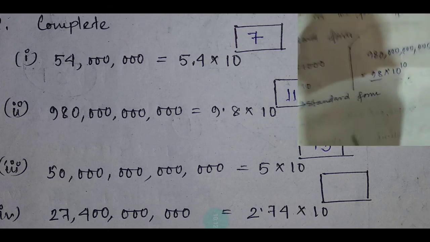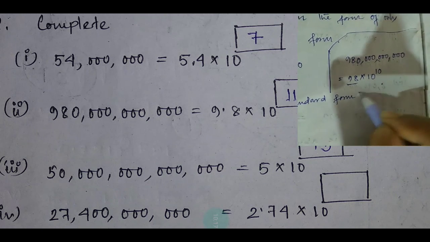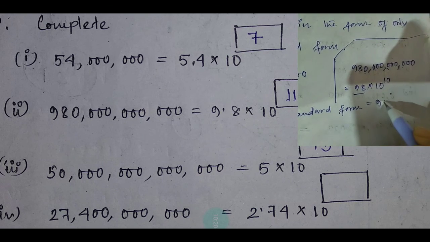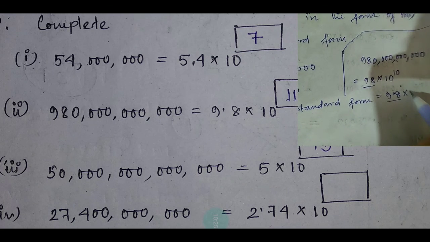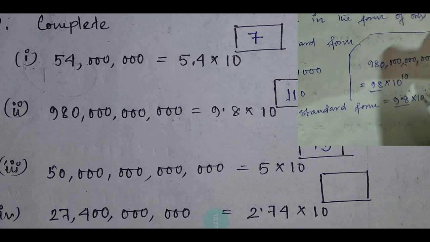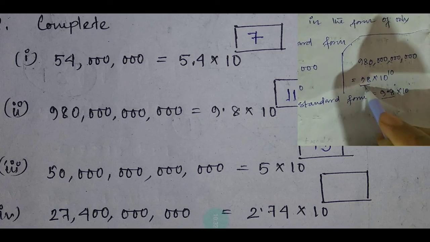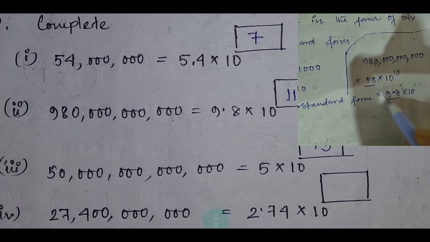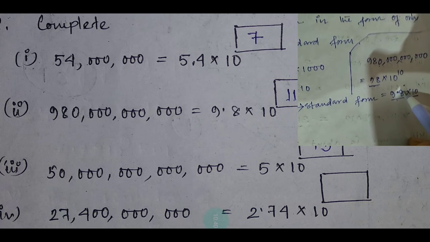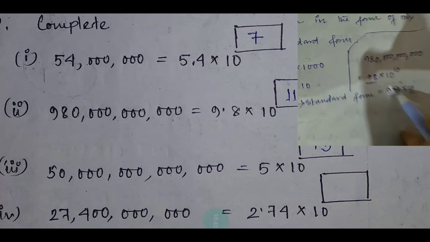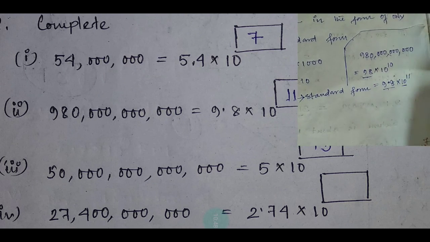But check this number: it is not in the range of 1 to 10. So I write 9.8. From 98 I have written 9.8, so I have made this number smaller. That means I have to make the power bigger. I shifted one decimal place, so one additional: 10 plus 1 will be 11.